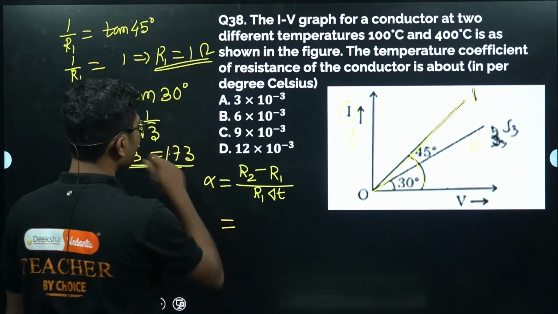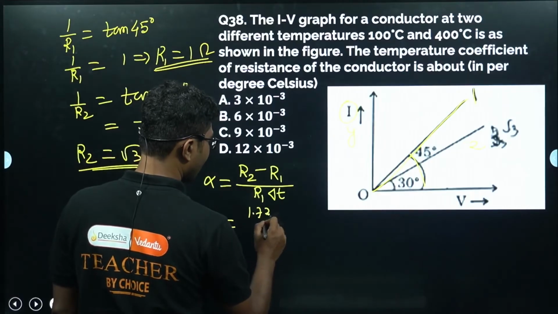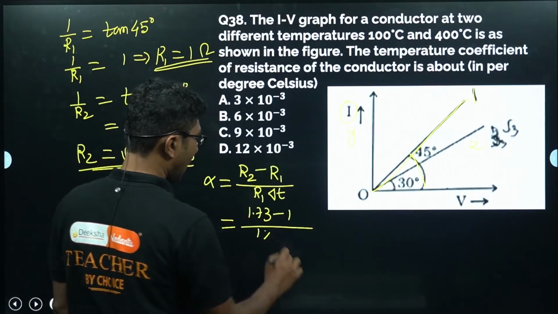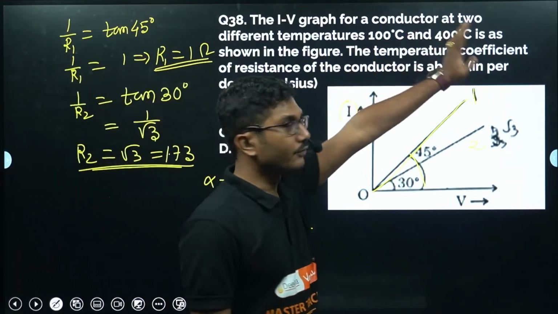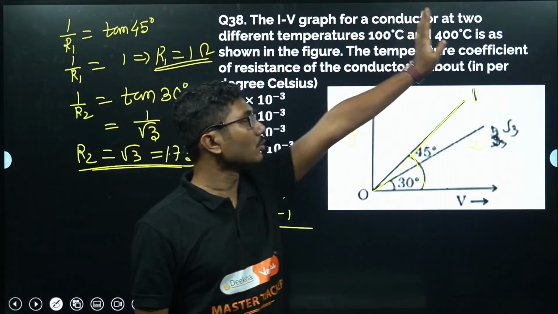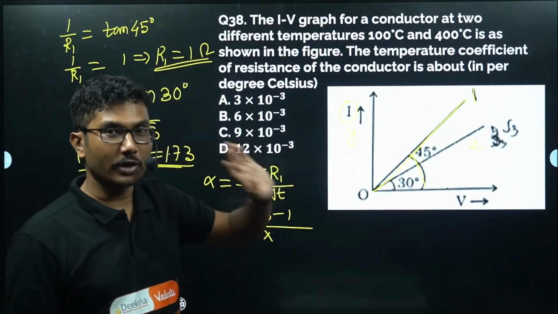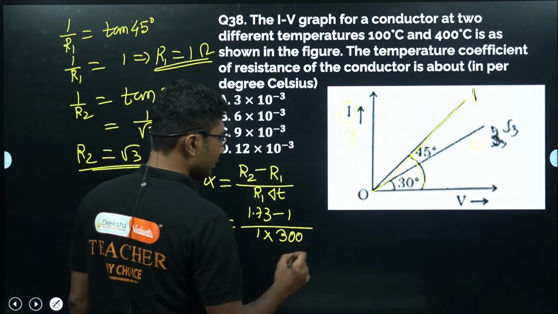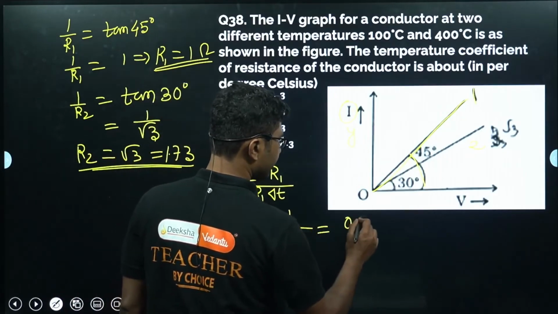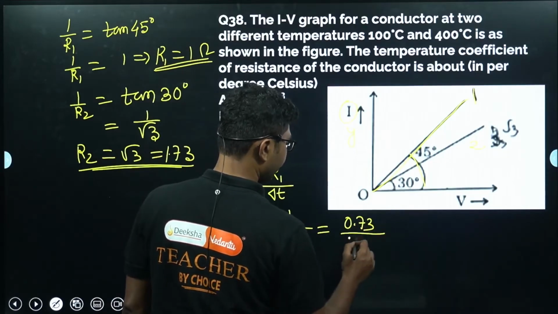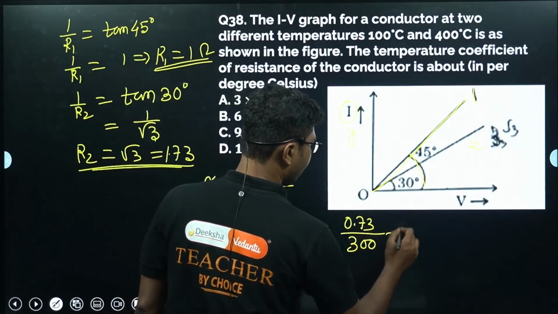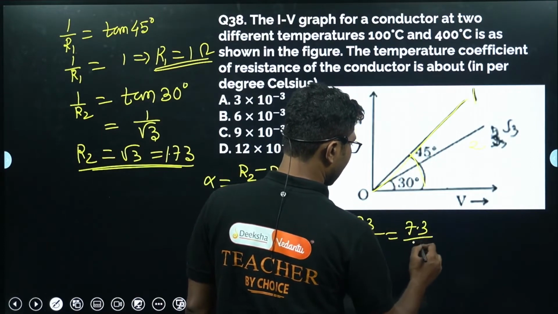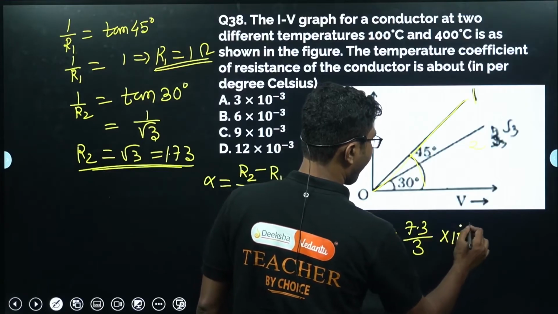So what is R2? R2 is 1.73, R1 is again 1, and what is delta T? 100 degree to 400 degree, right? So delta T is 400 minus 100, that is 300, right? So it will be 0.73 divided by 300. Now let me simplify this so that you can easily calculate it.